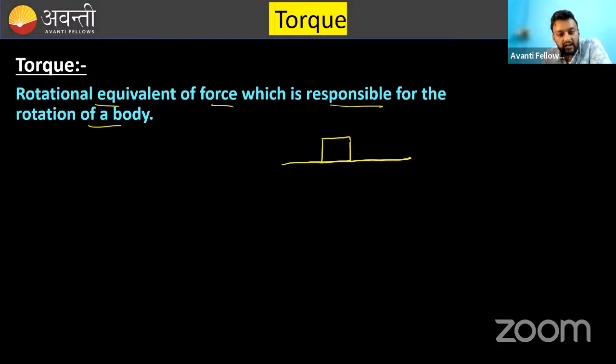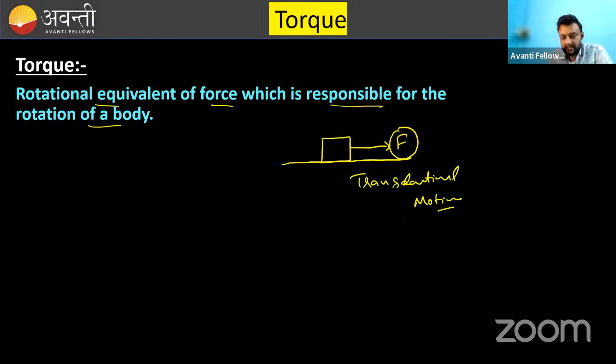This body will start moving, or there will be an acceleration in this body, only when there is a force, or a net force, on the body. Is this statement clear? We have studied it in Newton's first law. A body will start moving only when it has a force. So force is necessary for translational motion.